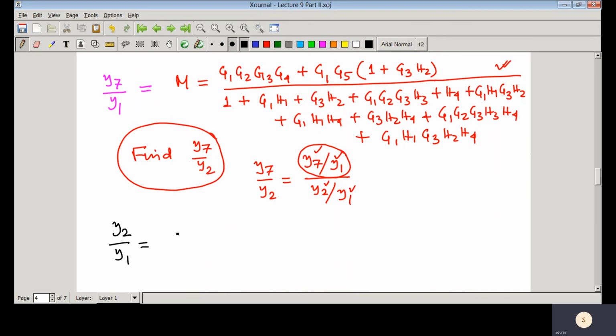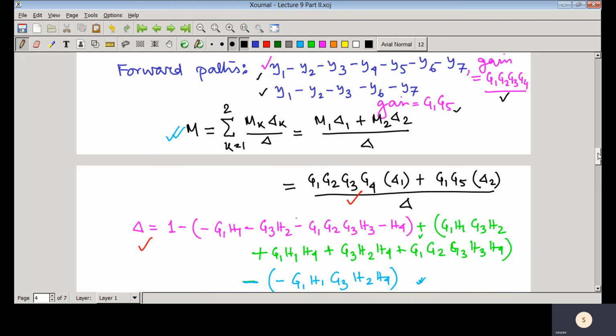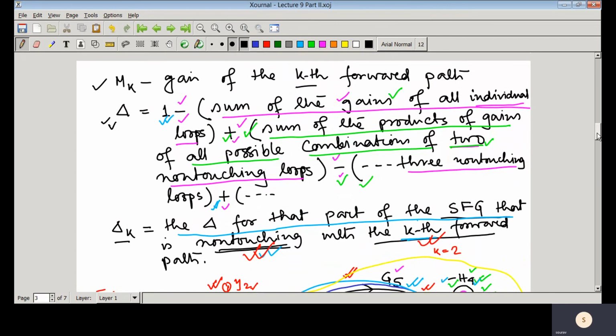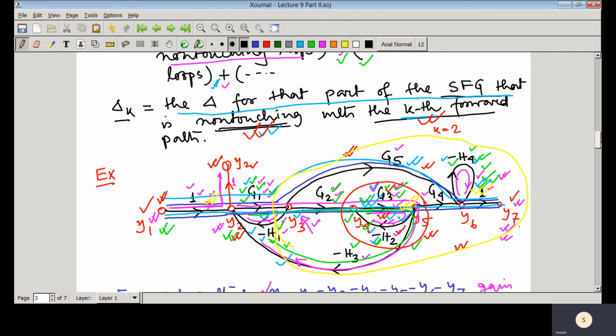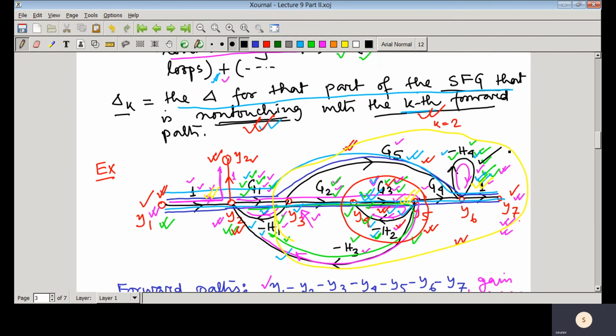So here for y2, the forward path gain is 1. Now what is the delta in the numerator? First 1 minus, because we will again apply this formula, 1 minus the sum of all individual loops. How many individual loops are there? Two loops. This is one loop and this is another loop.